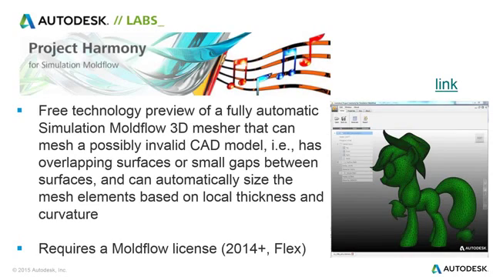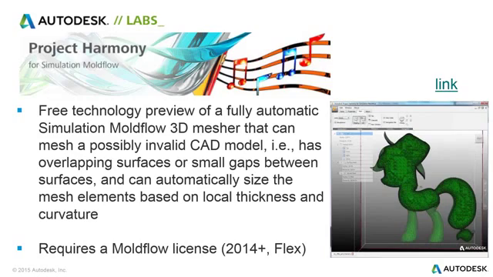The interesting piece is that it creates a very different mesh than what we typically see with our default mesher, not only on the exterior surface but also in the interior. In this particular case, our My Little Pony, which I picked up from an open source Hasbro download page, you will see that close to the surface we have more elements than we typically would see in a Moldflow mesh.